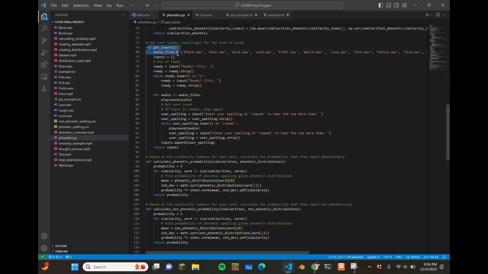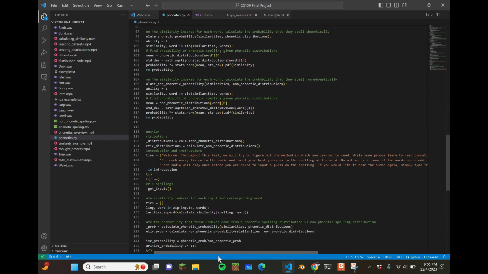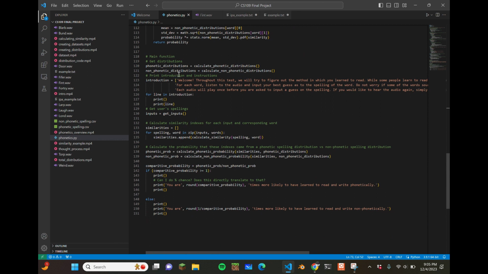This way, once I got inputs from the readers, who attempted to spell the same words that were in the dataset, for each of these words I was able to calculate the probability that it came from the word's phonetic distribution versus the word's non-phonetic distribution. Now, multiplying all of these, I got the joint probabilities, and when I divided them, I got the comparative probabilities right here.